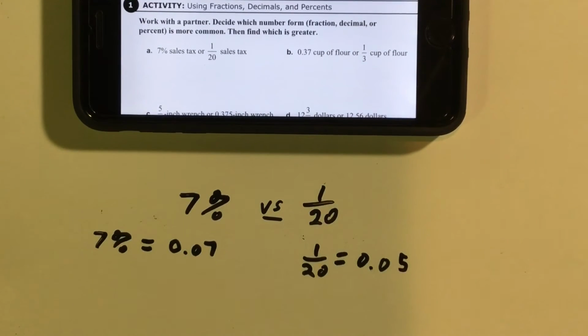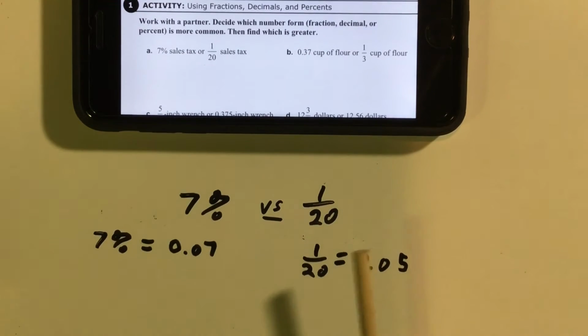All right, so here's the same example, but this time we're going to turn the percents and the fractions into decimals. So as you can see, what I did is I converted 7% into its equivalent as a decimal, which would be 0 and 7/100, or as many people say, 0.07.